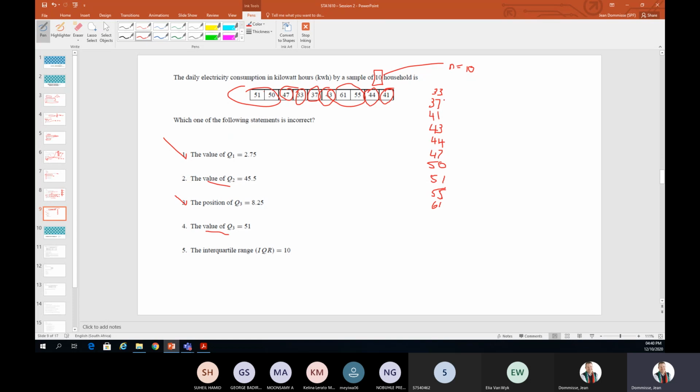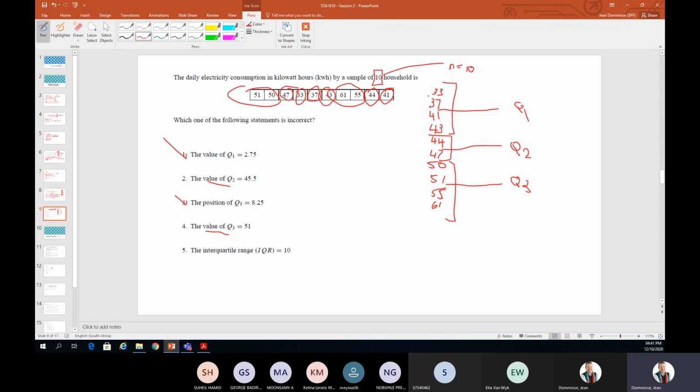So let's again do it 1, 2, 3, 4, 5. So between those two is Q2. Let's take that. So Q1. Let's take that. Q3.